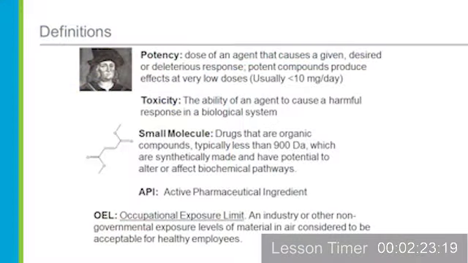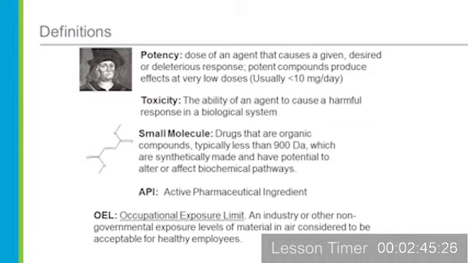The last definition is that of the occupational exposure limit, or OEL. This is a concentration that a worker can be exposed to during the course of their normal job duties without suffering any ill health effects. These can be for 8-hour days, 40 hours a week, for a working lifetime. There's a variety of these types of limits.